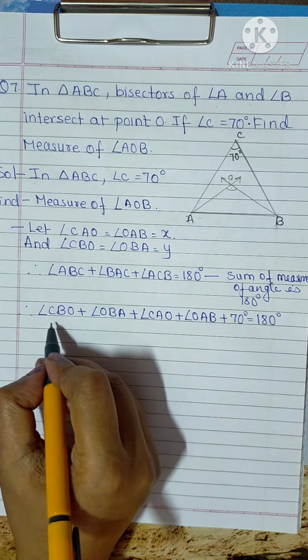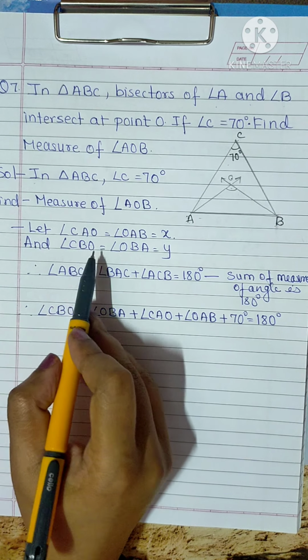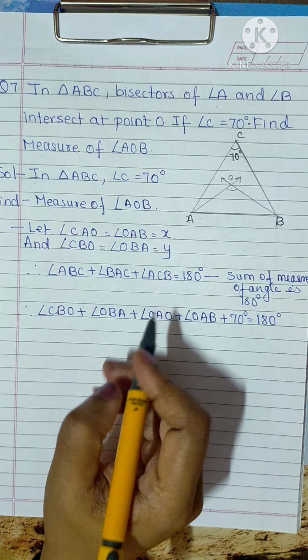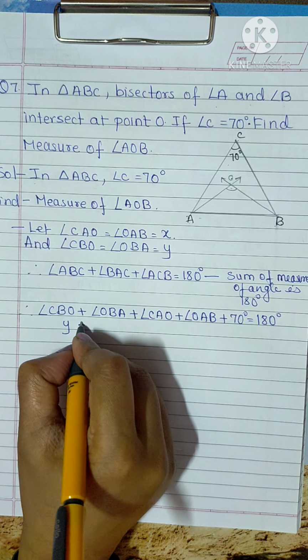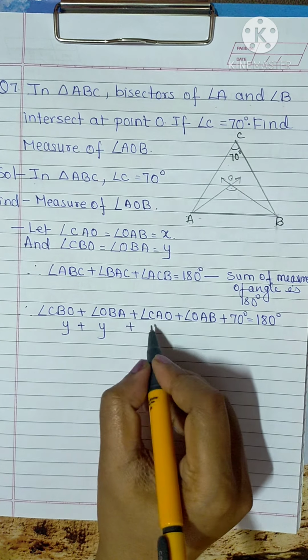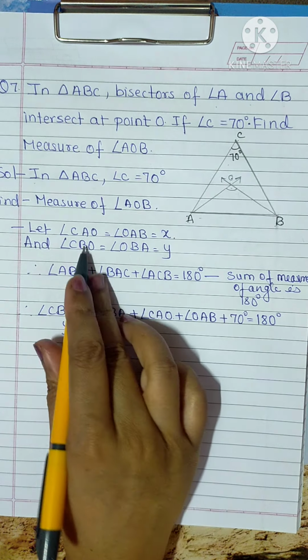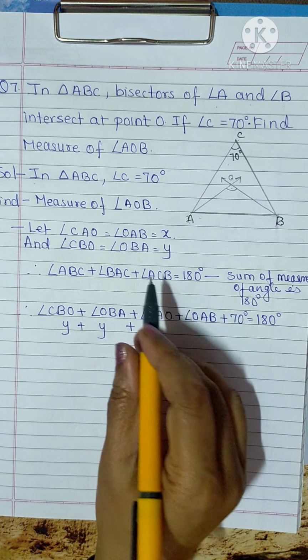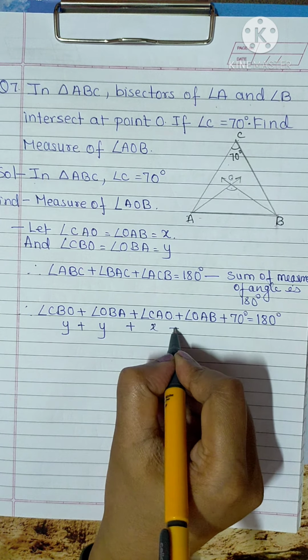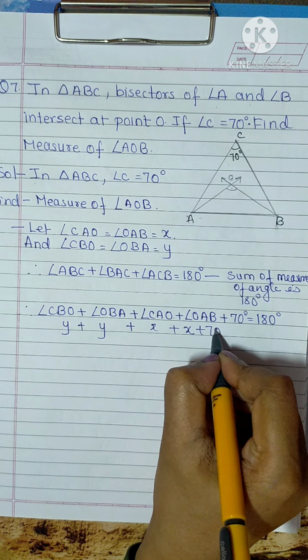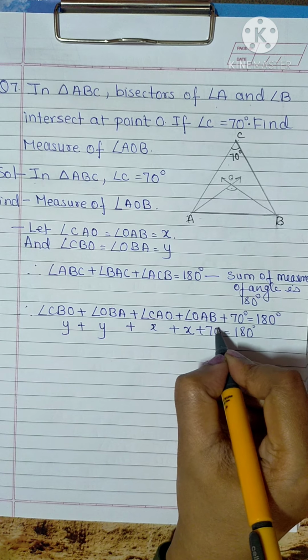In place of CBO and OBA we take Y plus Y, and CAO plus OAB is X plus X, plus 70 equal to 180.